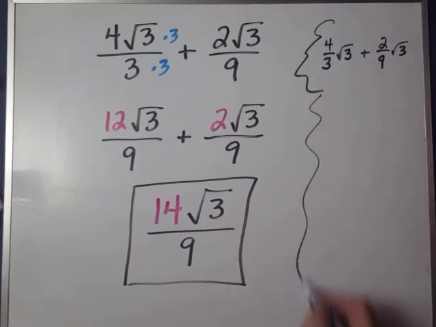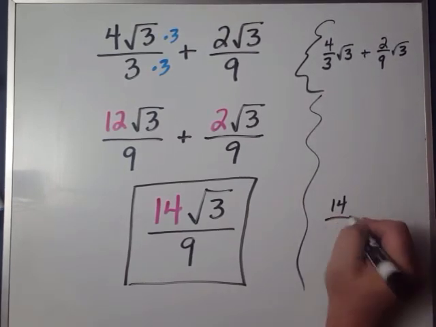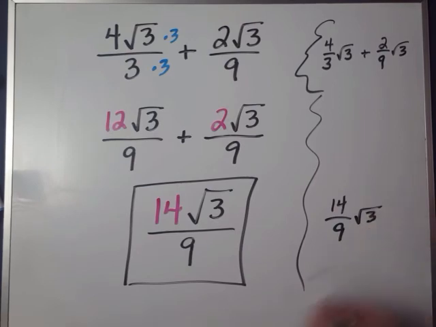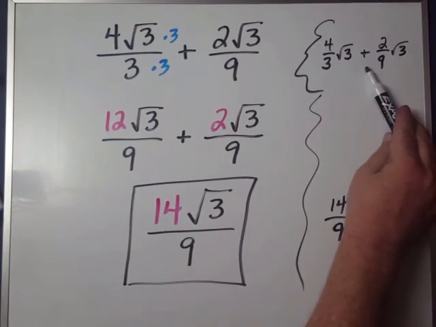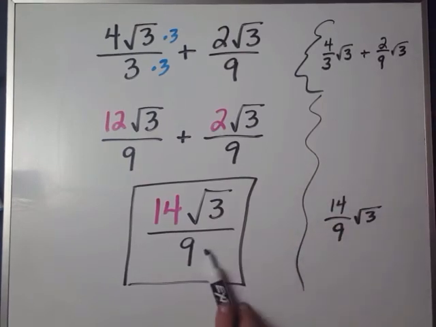And there would be nothing wrong with writing my answer as 14 ninths square roots of 3. I could work the problem in this form, still get the same thing. These two are perfectly equivalent to each other.